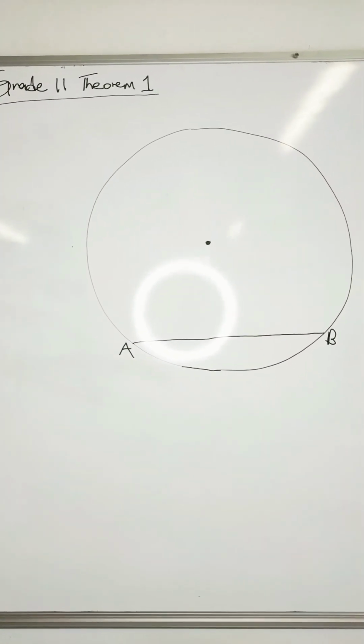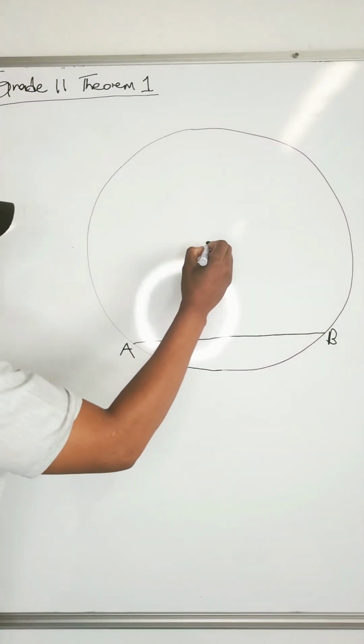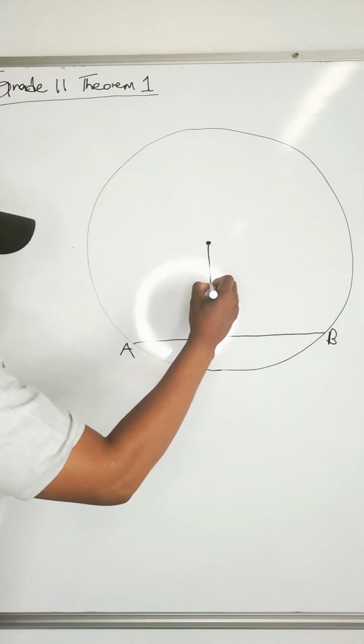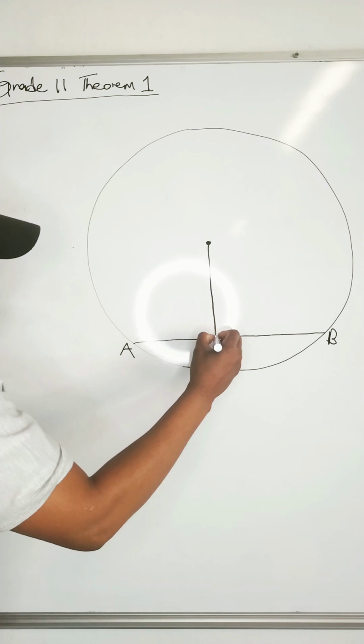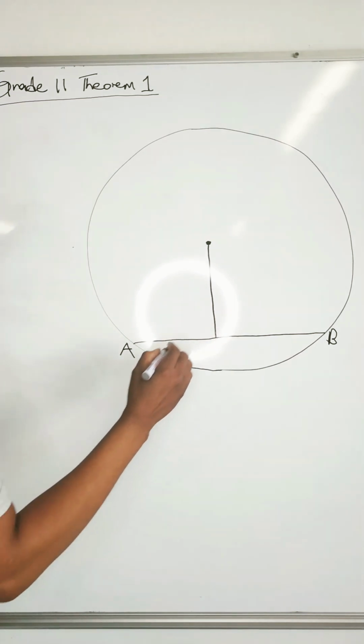But we need to follow the rules of the statement. The statement says a perpendicular line drawn from the center of a circle to a chord bisects the chord.